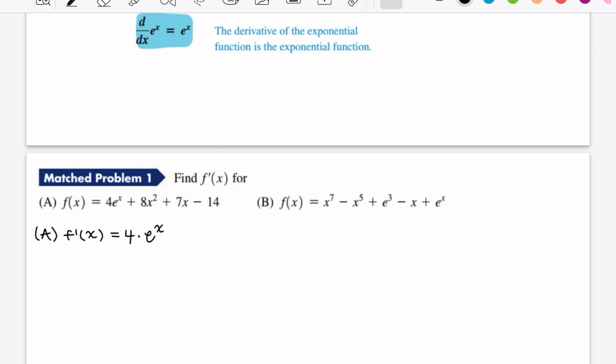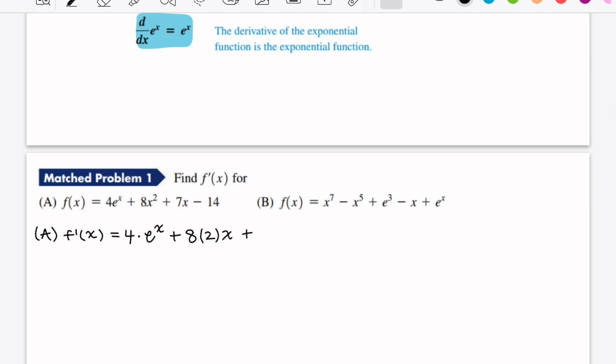All right, now we want to find the derivative of 8 times x squared. Remember our constant multiple rule, we can just leave 8 there, and then we'll use our power rule to find the derivative of x squared. We bring 2 down in front, and then we get x to the power 2 minus 1, which is just 1, so we just have an x there.